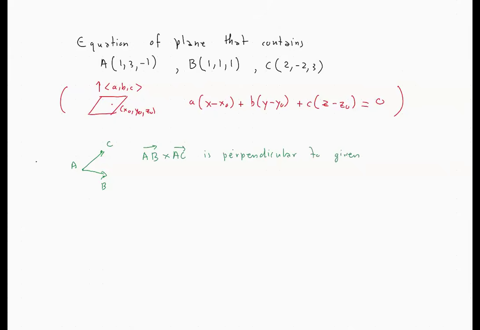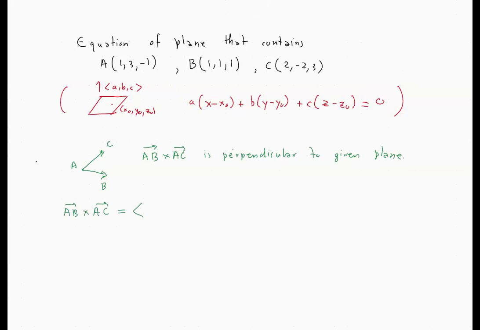Okay, so then we can apply the theoretical fact that I just put in red by using any of the 3 points and the vector that we find. So let's find that vector. To find the vector AB, we need to subtract the coordinates of the point A from the coordinates of the point B. So we subtract 1 from 1, that's 0. 3 from 1, that's negative 2.